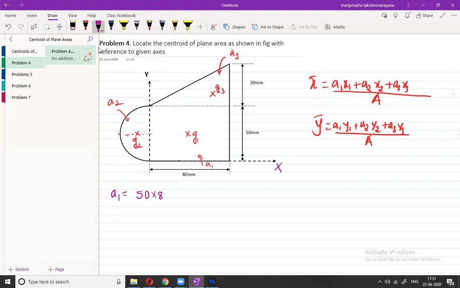So that is 4000 mm square. You can calculate and tell me.